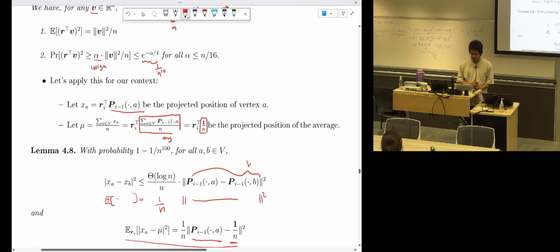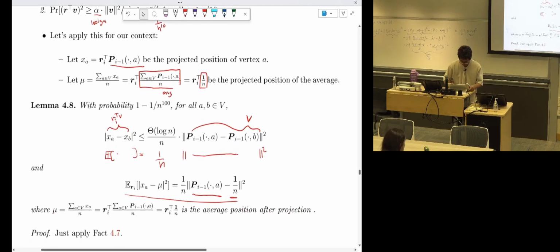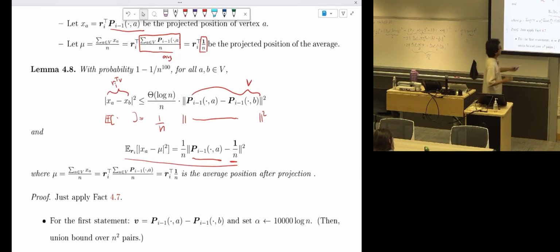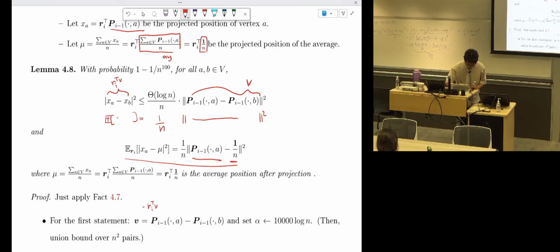V is this vector, and then this thing is really just R times V. Because Ri times V is really just x a minus xb.